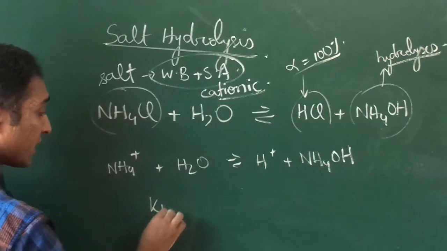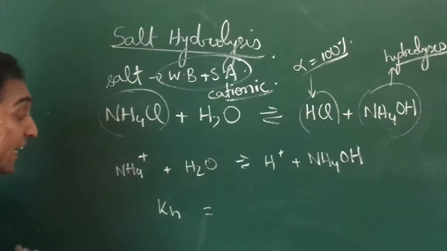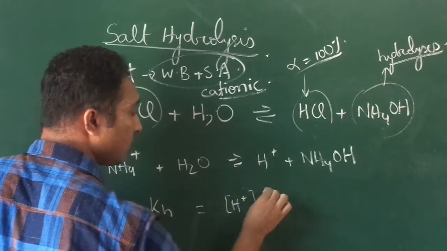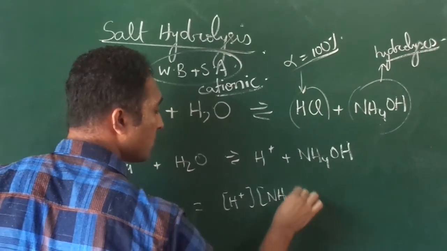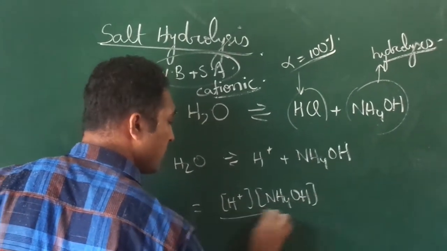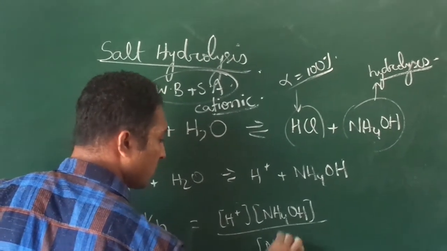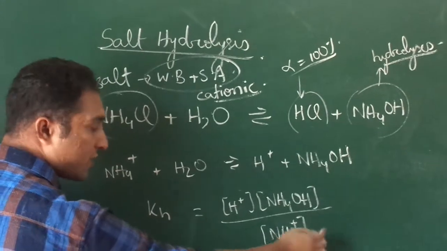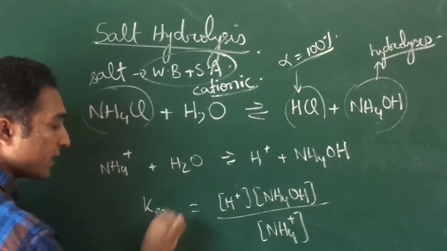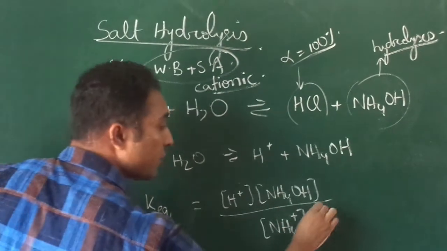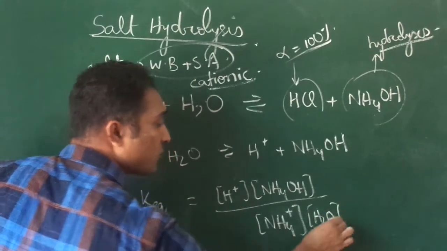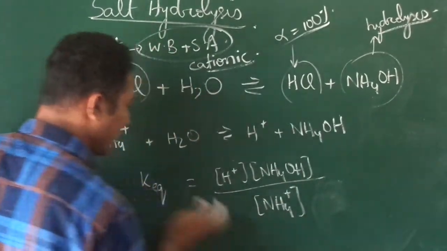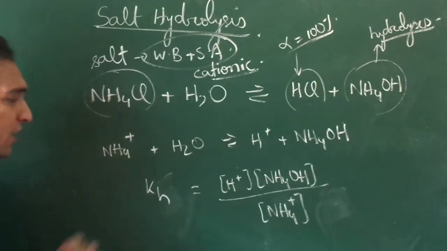Now, if I say KH, now KH will be H plus into NH4OH divided by NH4 plus. Students, you might write H2O here. If you write H2O here, you have to write K equilibrium constant, then you can write H2O here. Now since this H2O gets multiplied, I am replacing it by KH, right? This is the basic, you might have understood.